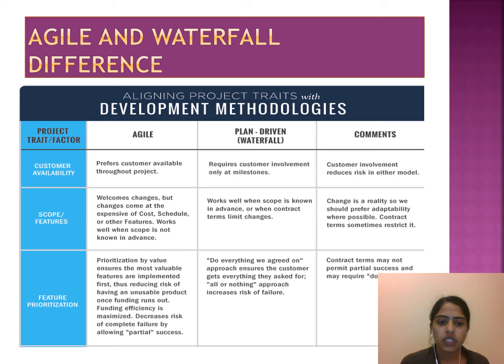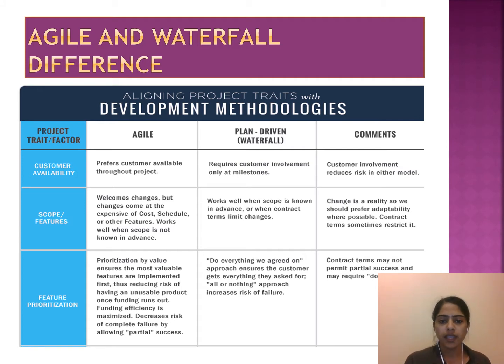If we talk about prioritization of tasks in the agile system, it prioritizes the value of tasks. The most valuable features are implemented first, thus reducing the risk of having an unusable product once funding runs out.